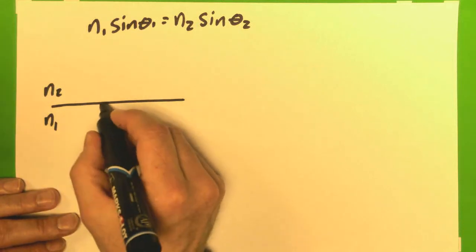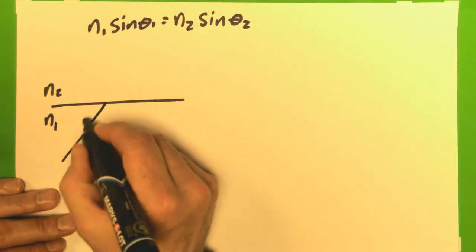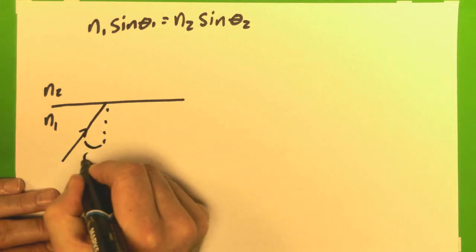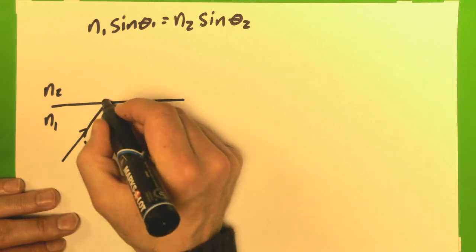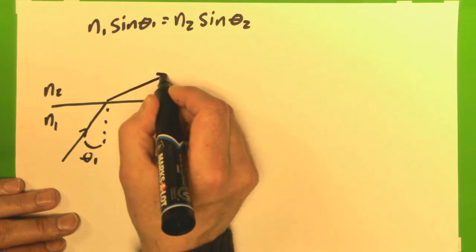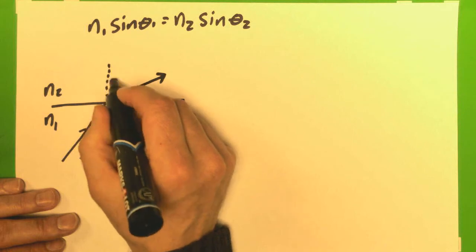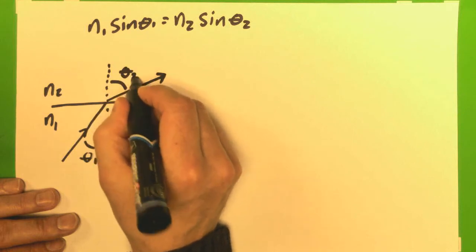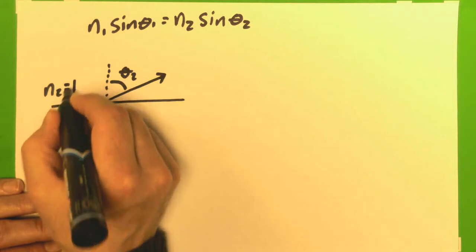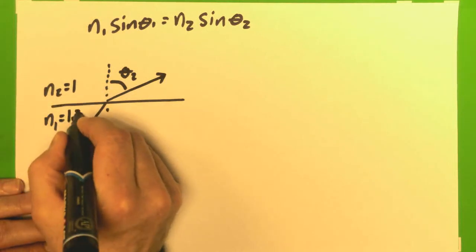So if I make an angle, here's my light going upwards, this angle here would then be theta 1, and I know it's going to bend further away from the normal, making theta 2, because I know n2 is air, which is 1, and n1 is 1.33. It's water.